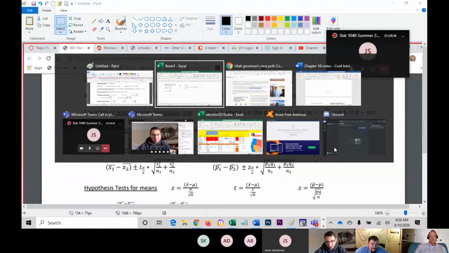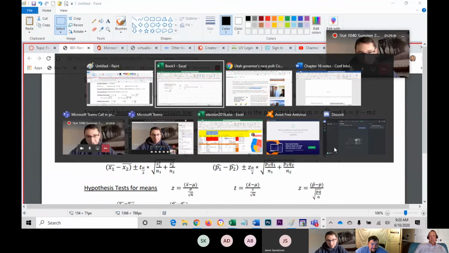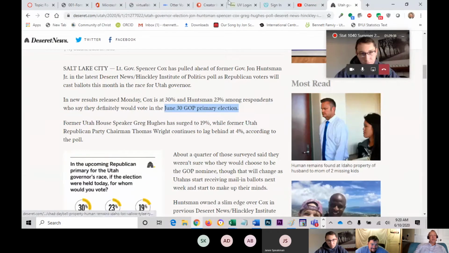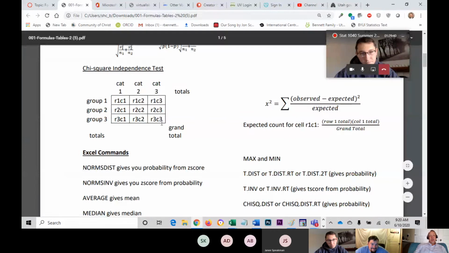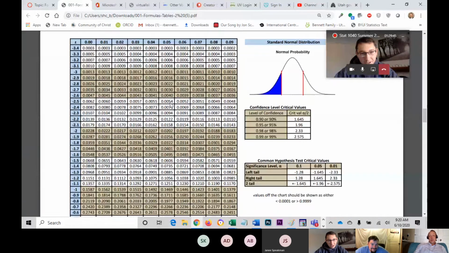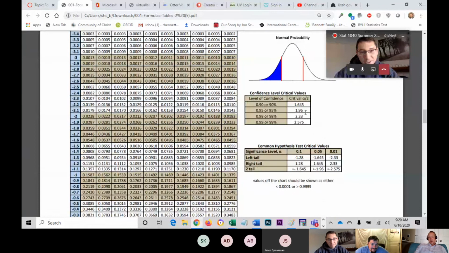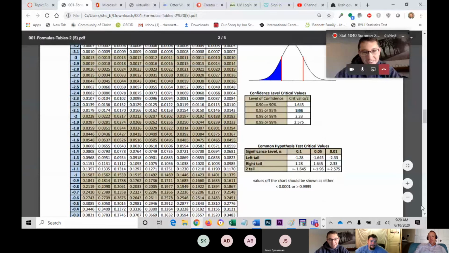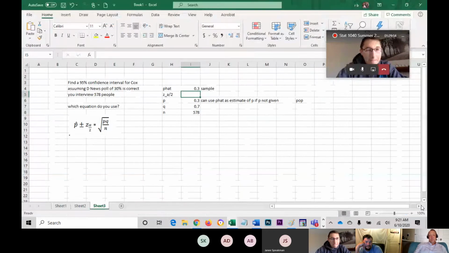Would it be 1.96? It would be 1.96. I was trying to find my darn table. So you have a good memory, Easton. It's on this one here, on another screen. Yeah, it's 1.96 right there. Okay. All right. So well done.